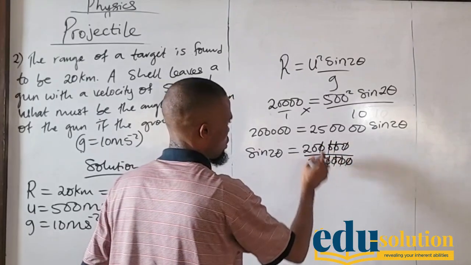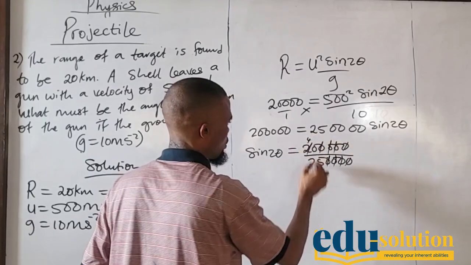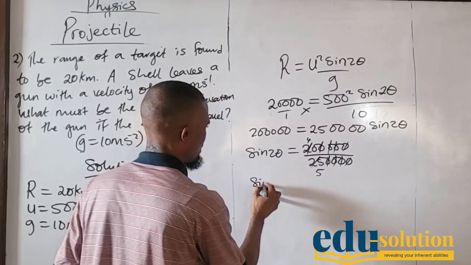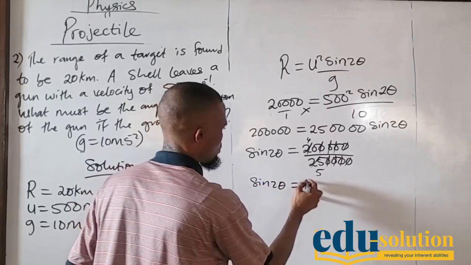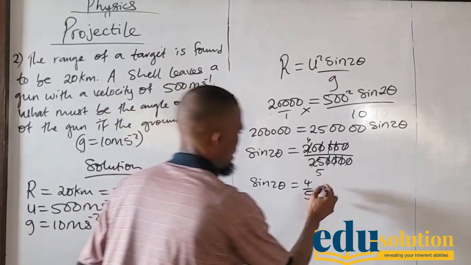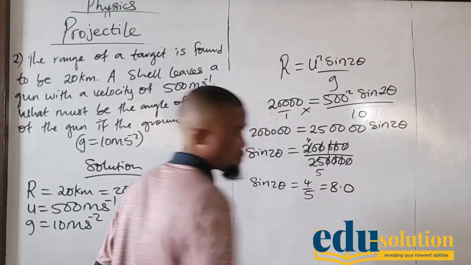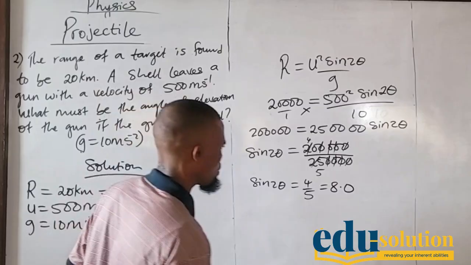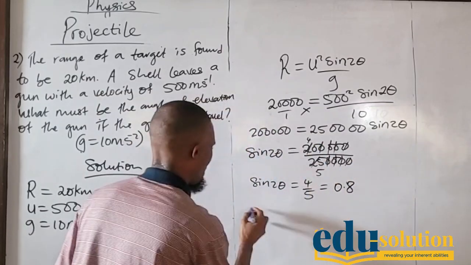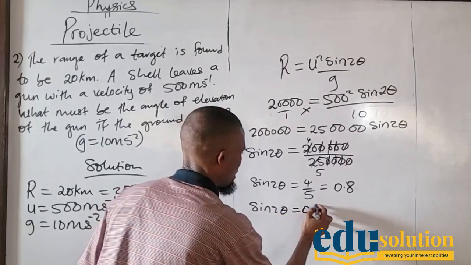Canceling out, 20 here we have 4, 20 here we have 5. So we're having sine 2 theta is equal to 4 over 5. So 4 over 5 is going to give us 0.8. So I have sine 2 theta is equal to 0.8.